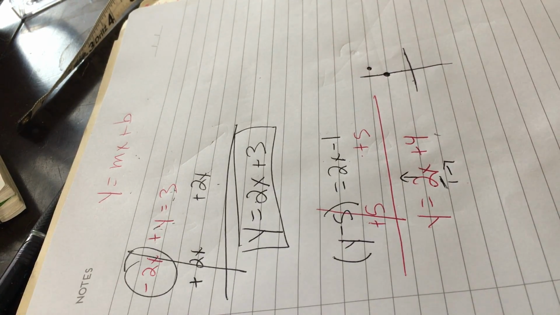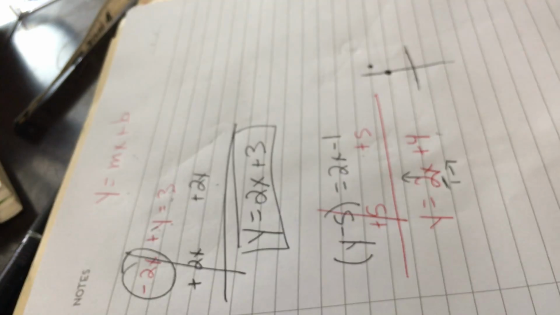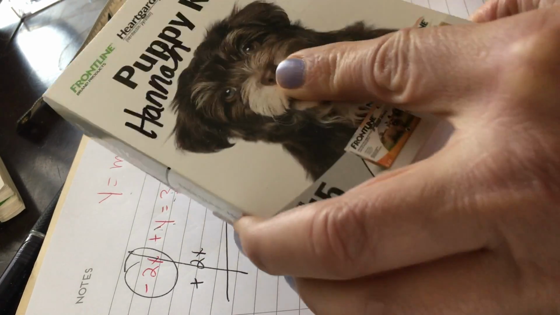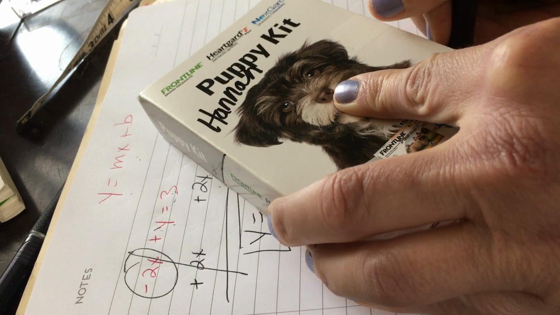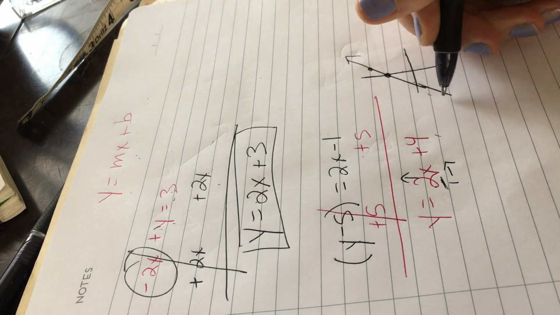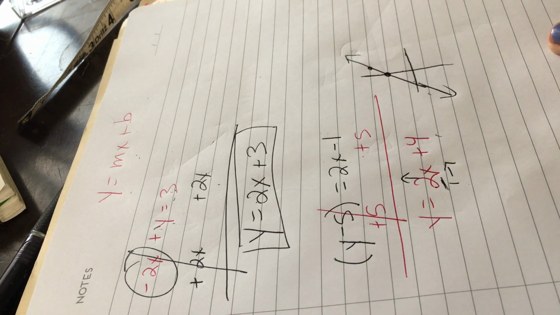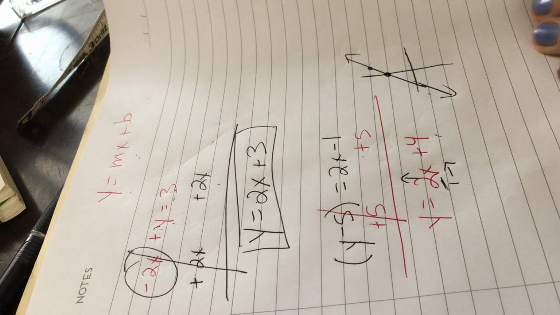Bam, there's my other line. Back to the puppy. I draw my straight line. And there's your line. This will get you ahead for the next lesson. Okay, are we cool with that?